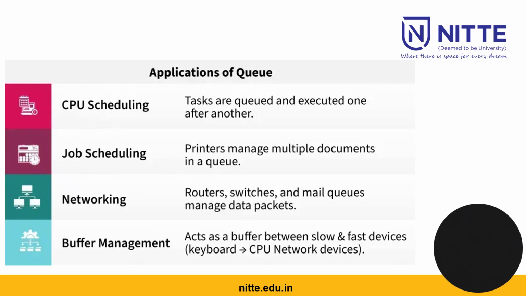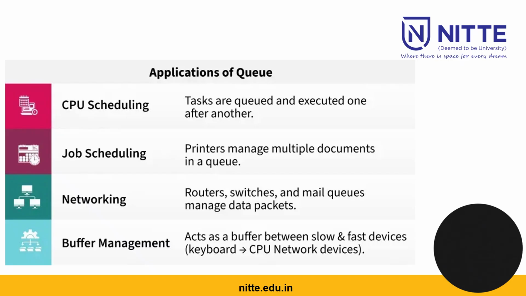Now we will see the applications of a queue. The first application is CPU scheduling. That means tasks are queued and executed one after another. They will be ordered in a queue, and they will be executed one after another.